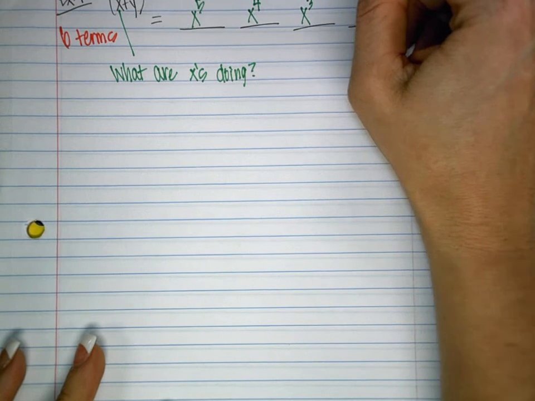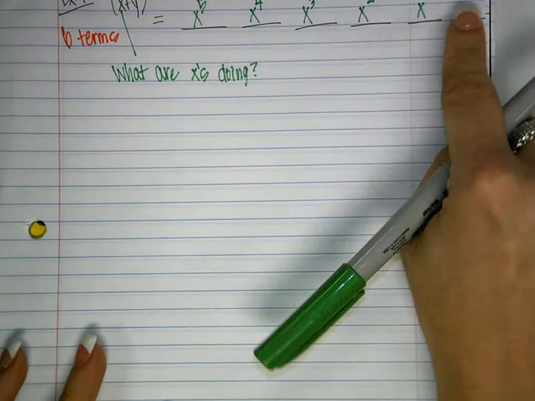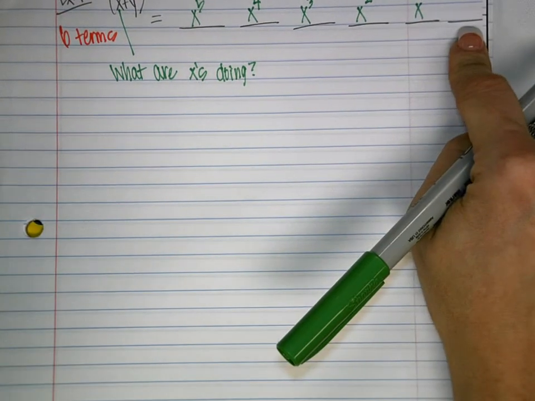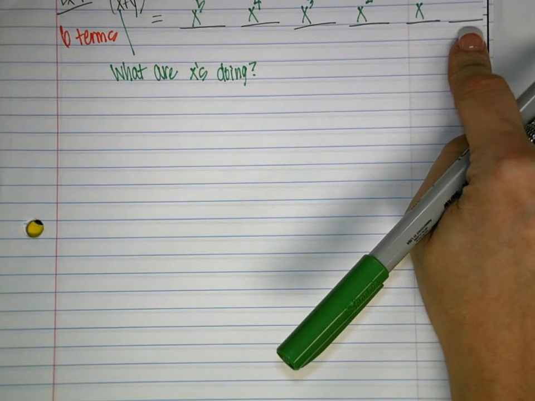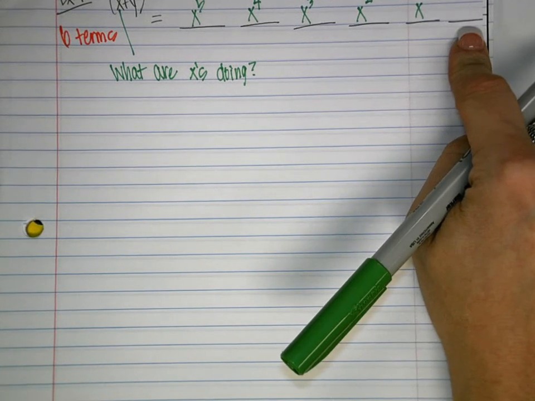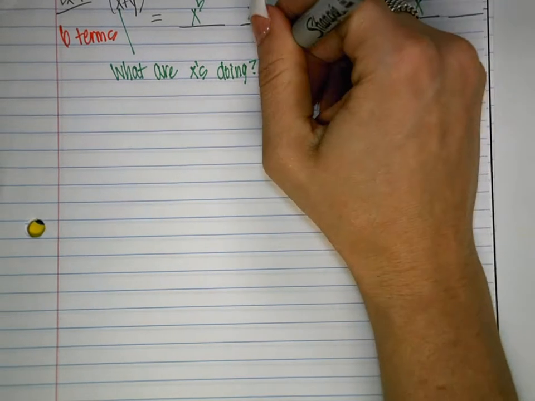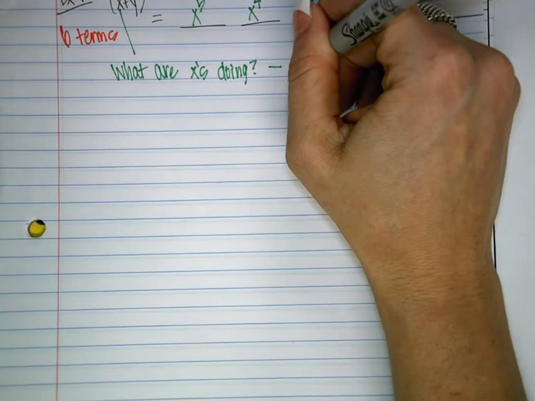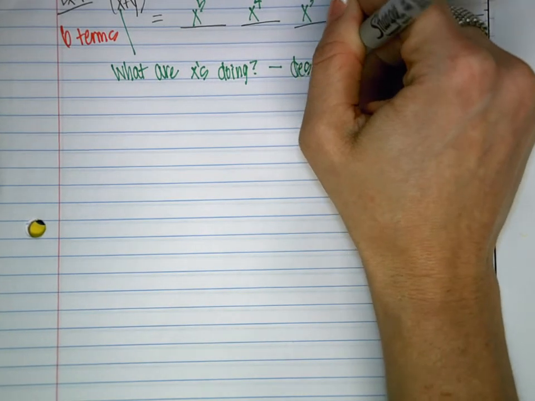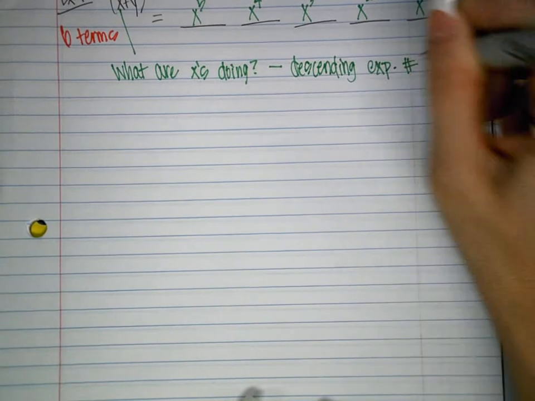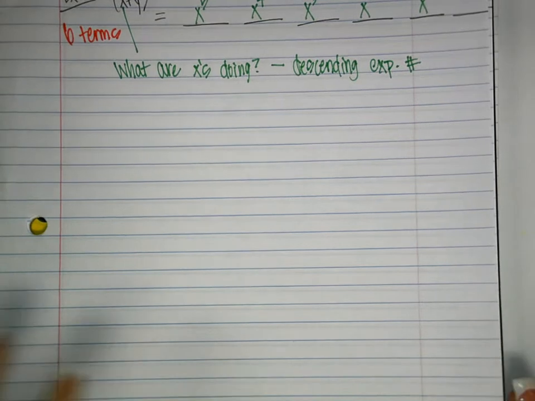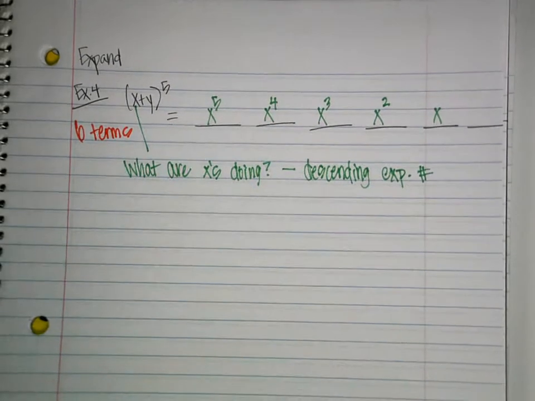So you can fill all of these x's in. Once you get to the last one, it's basically x to the 0, so we don't put it, because x to the 0 would be 1, you'd multiply by 1, so we don't write it. So what are the x's doing? The exponent is descending.